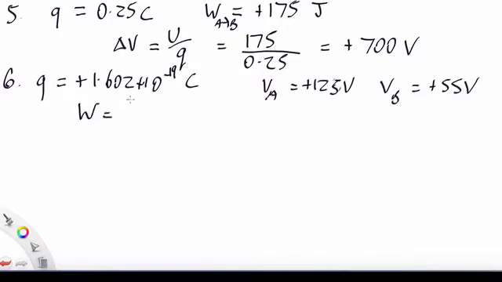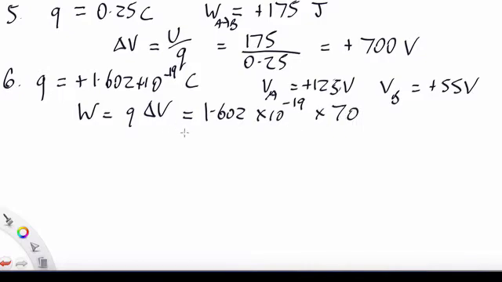So the work done is Q times change in potential, 1.602 by 10 to the -19 times 70 being the change in potential, and we have 1.12 by 10 to the -17 joules.